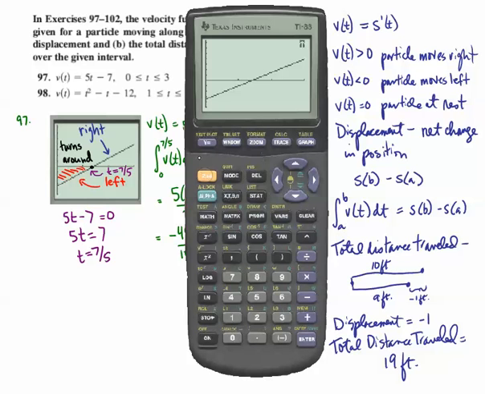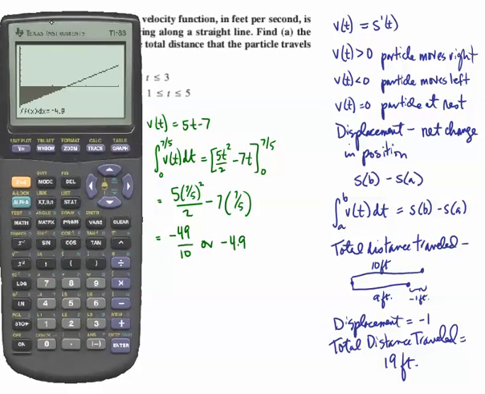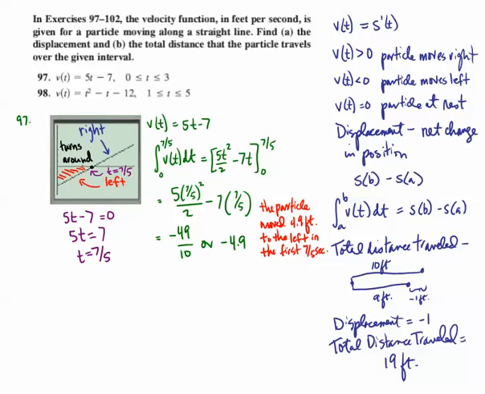So I'm going to come back to the calculator, second calc, option 7, and I want to go from 0 to 7 divided by 5, and I end up with negative 4.9 as we had stated there. So the integral from 0 to 7/5 tells us how far the particle moved to the left. All right, so the particle moved 4.9 feet to the left in the first 7/5 seconds.